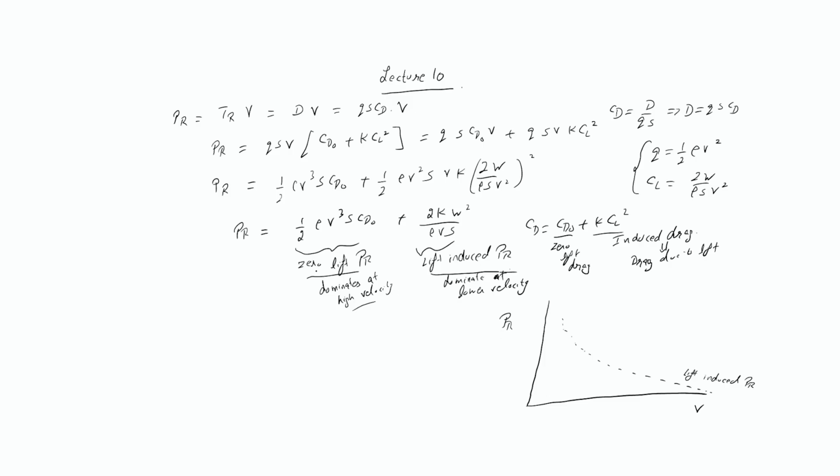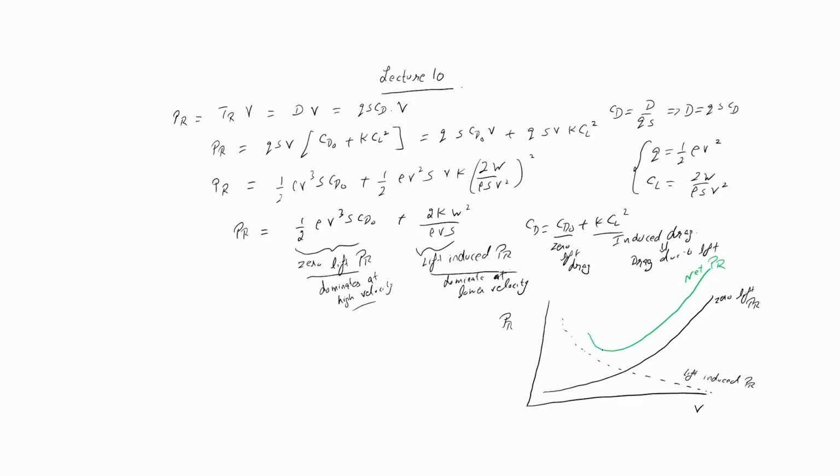And at higher velocities, zero lift power required will be maximum, so that will dominate. Then we draw this, so this is zero lift power required. The net effect of this will be this, and this is the net power required.